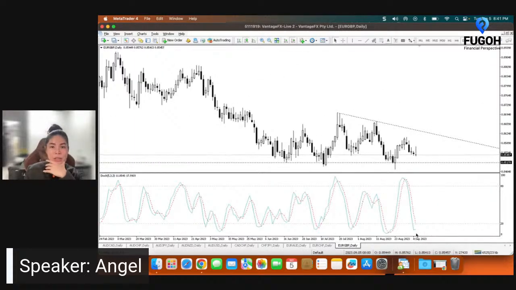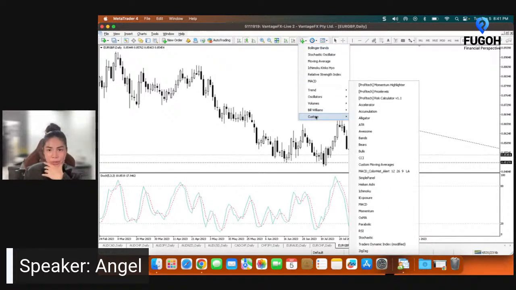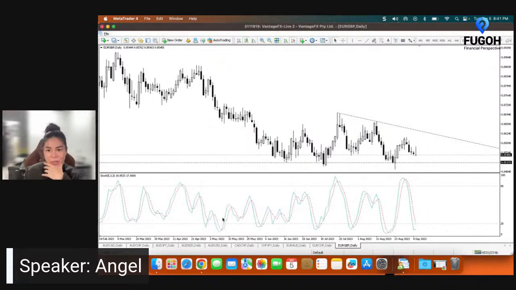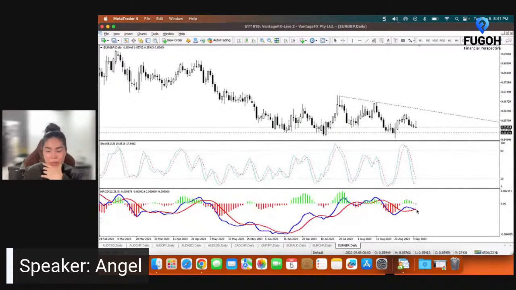So since the price is nearing the oversold area for stochastics, let me check MACD as well, but I think it's going to be the same story. All right, there's a crossover also. That means that if you have any euro pound sell trade, you are nearing your take profit area.